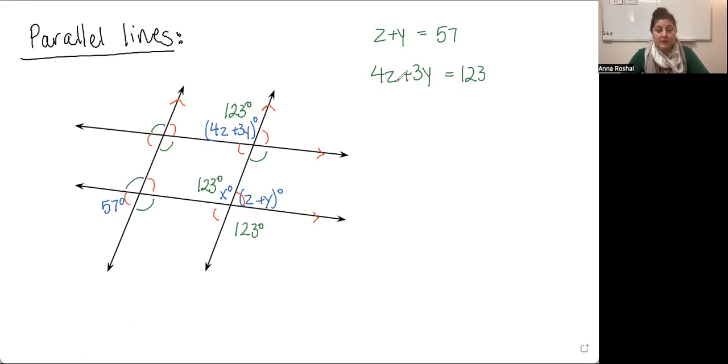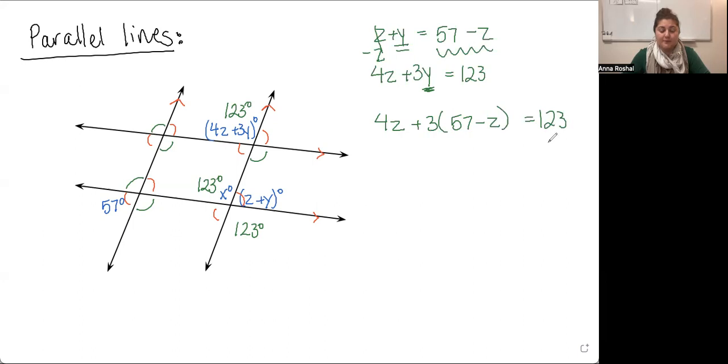One of the things that we can do in order to solve the system of equations is subtract Z from both sides and get Y on its own. Once Y is on its own, we can replace this Y here with this 57 minus Z. So I'm going to end up with 4Z plus 3 times 57 minus Z equals 123.